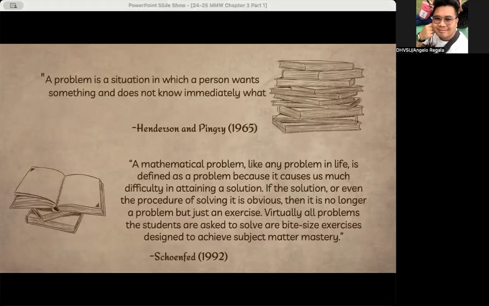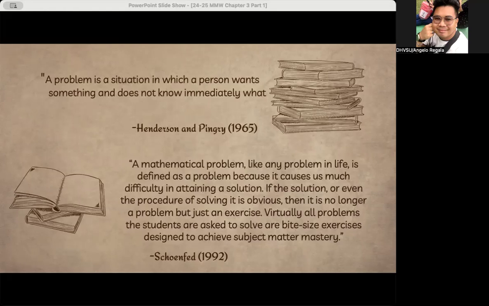Schoenfeld in 1992 mentioned that a mathematical problem is like any problems in life.